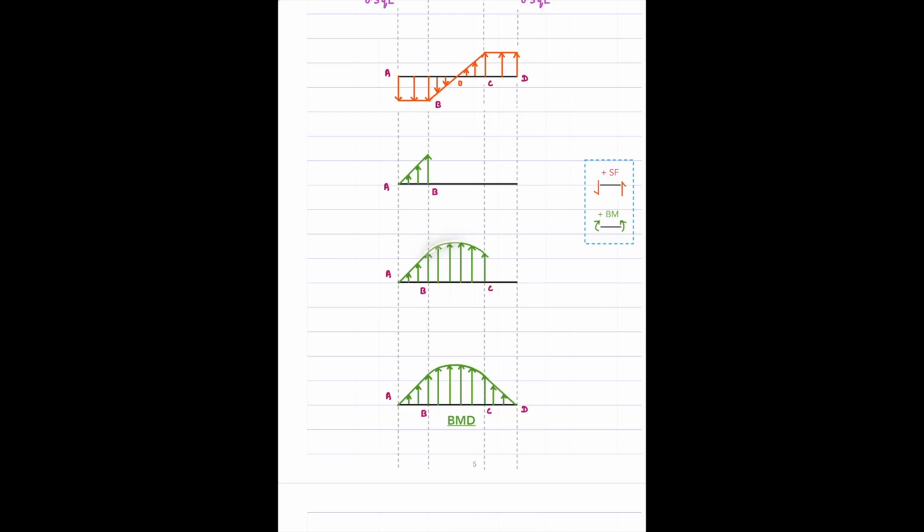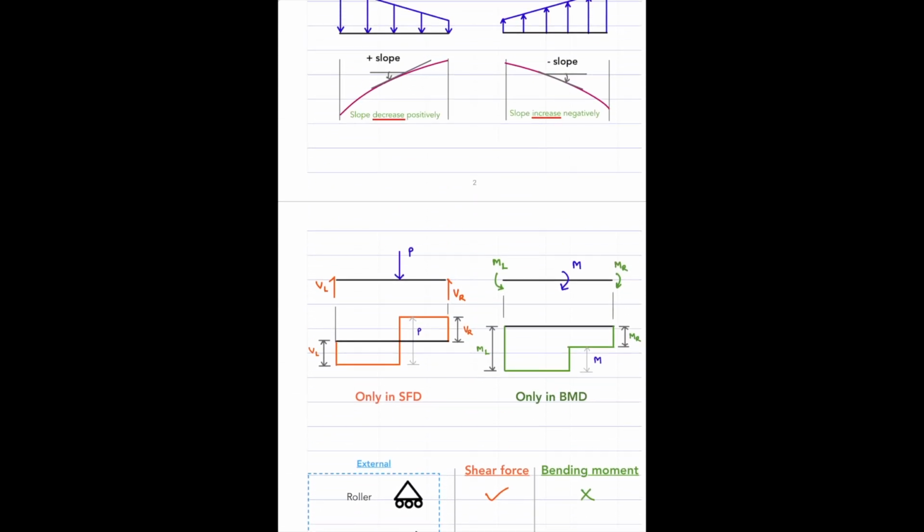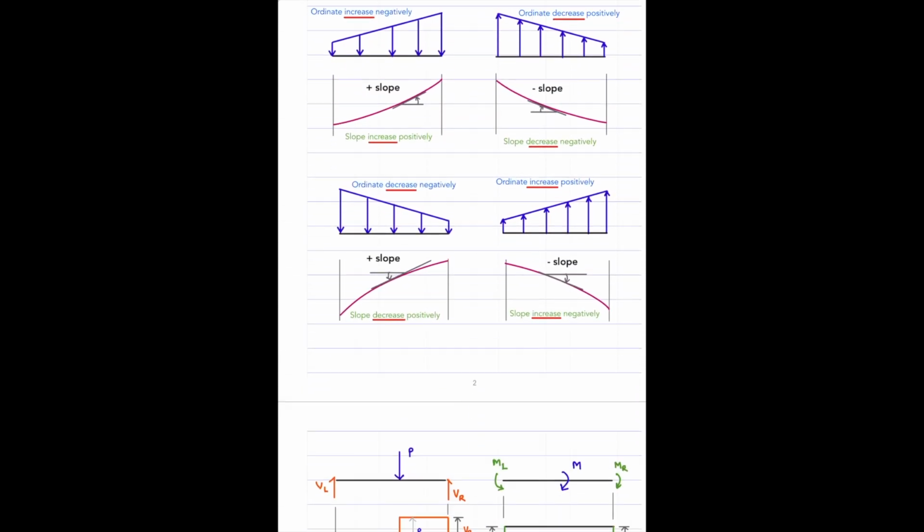Now, what about this portion EC? In this portion EC, we have force acting upward and the intensity is increasing, right? So we'll go back here and pick accordingly. See, here we have this, wherein the forces act upward and the intensity is increasing, right?